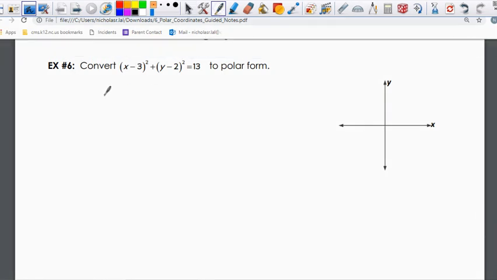So first we need to expand. So when we expand, we're going to multiply x minus 3 squared, so that should become x squared minus 6x plus 9, plus y squared minus 4y plus 4, is equal to 13.